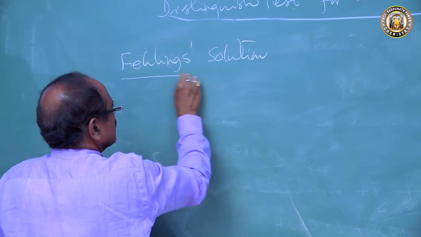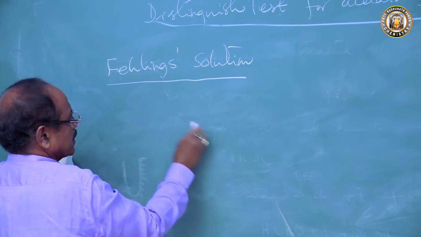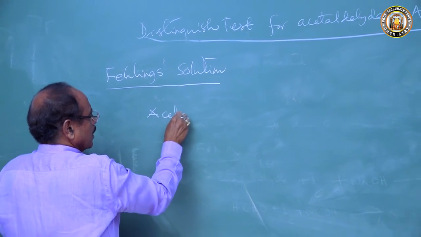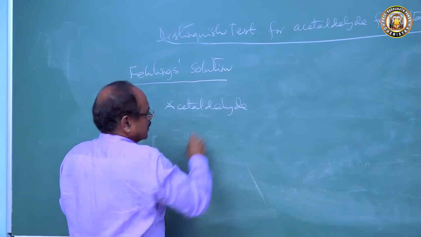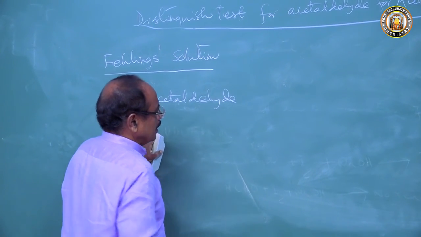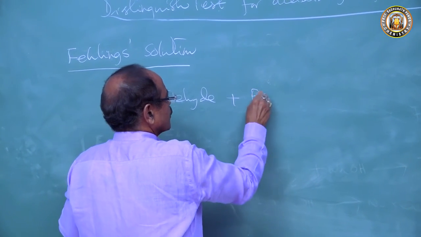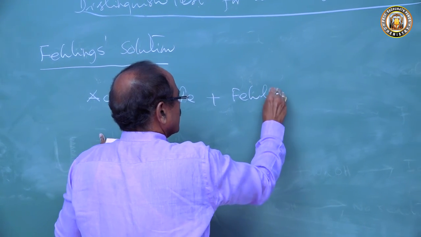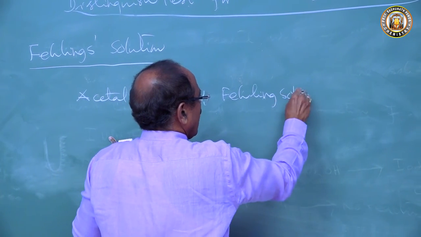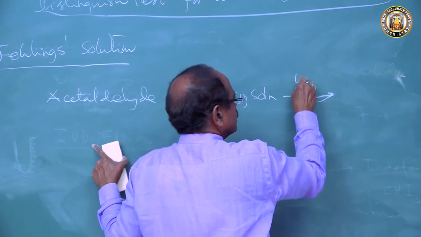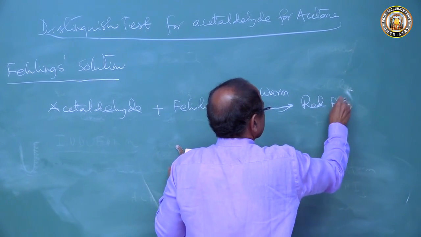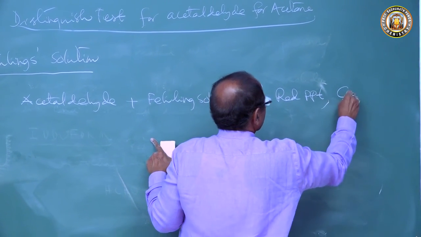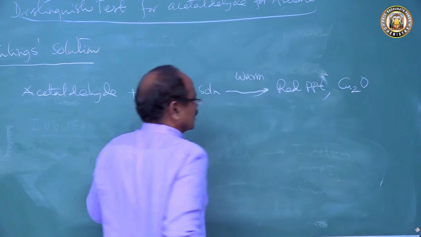When you take any aldehyde, acetaldehyde or formaldehyde, and treat it with Fehling solution and warm, we get a red precipitate due to formation of cuprous oxide.